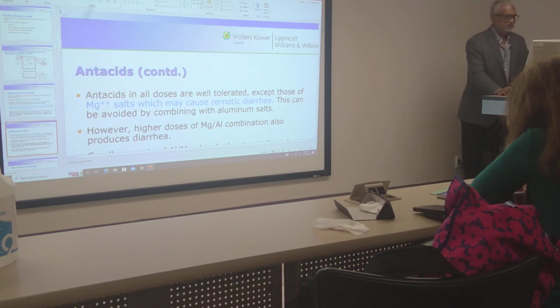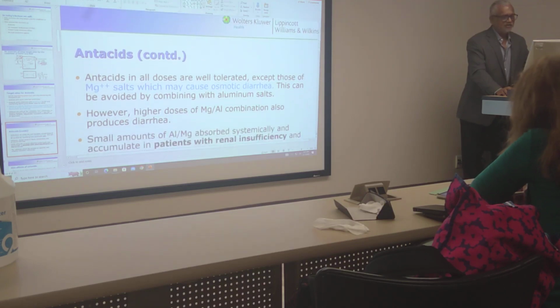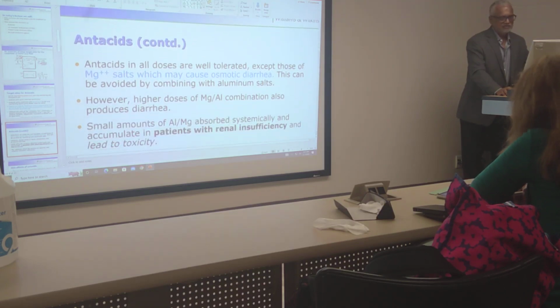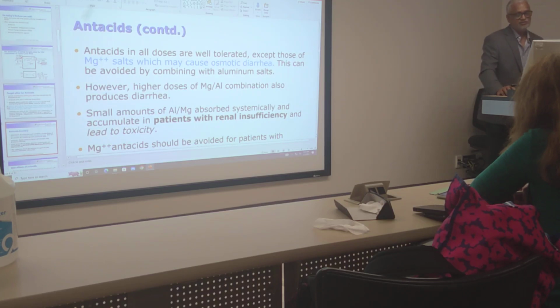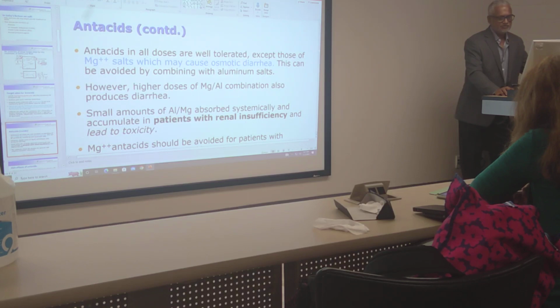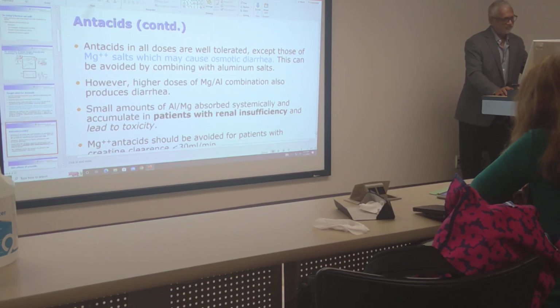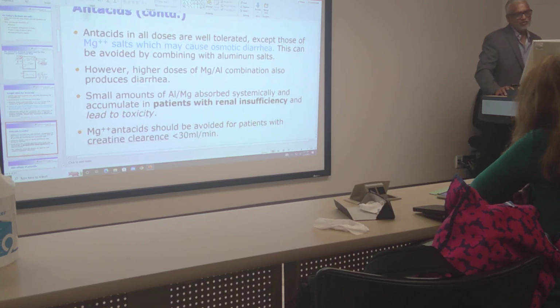They cause osmotic diarrhea. Small amounts of aluminum and magnesium are absorbed systemically and accumulate in patients with renal insufficiency. That's also something for you to watch out for. Magnesium antacids should be avoided for patients with reduced creatinine clearance.